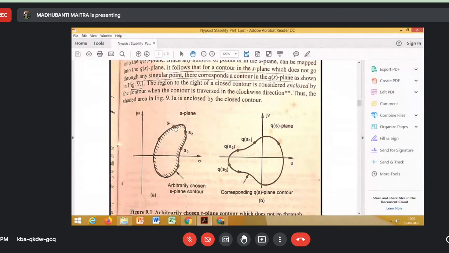So in this figure, the shaded region is being enclosed by this closed contour, and the regions lying to the right of this contour are not enclosed by this contour.